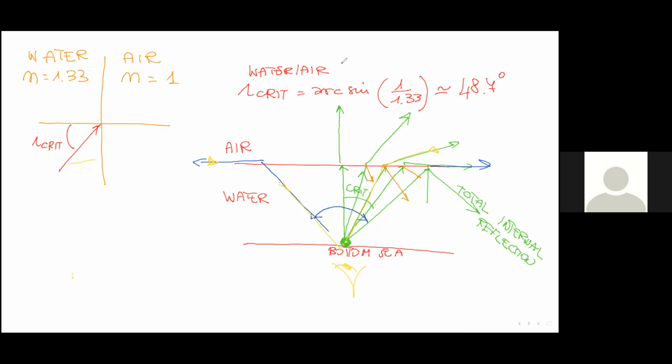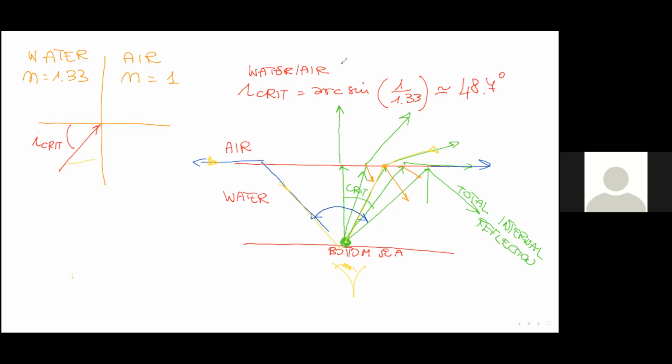If you are a scuba diver, did you ever scuba dive or dive a bit? And you are in the sea and it's a very good day with a very flat sea, and you look on the side. What do you see on the side? You see a reflecting mirror.